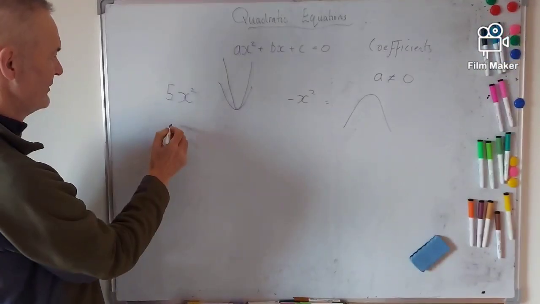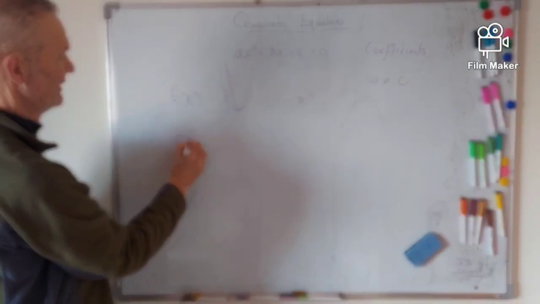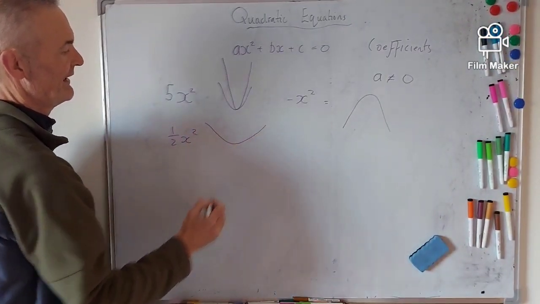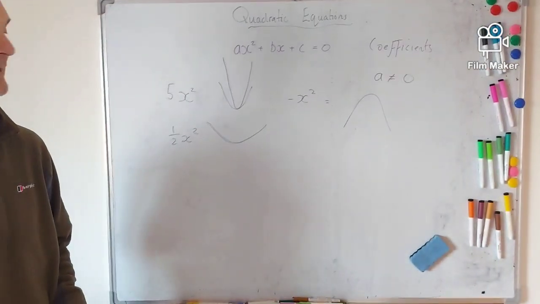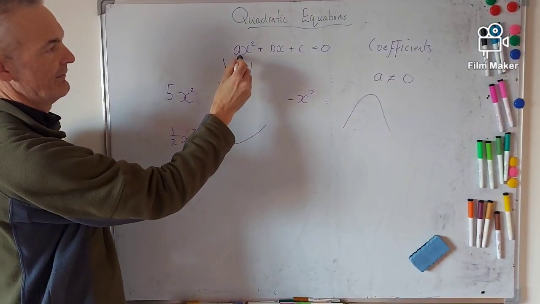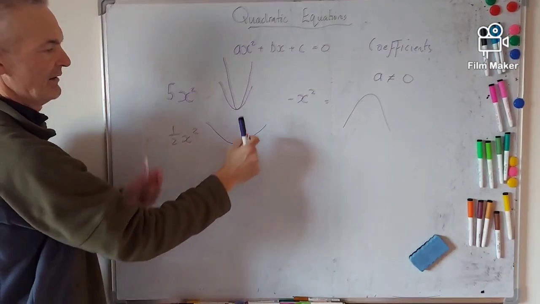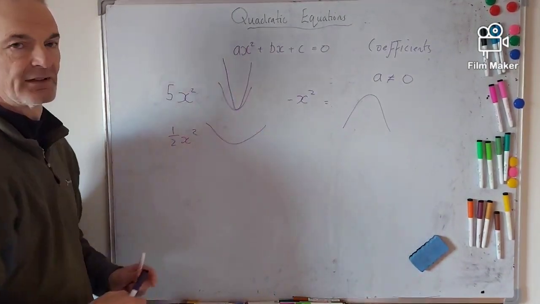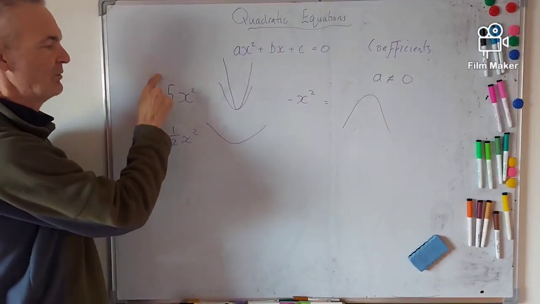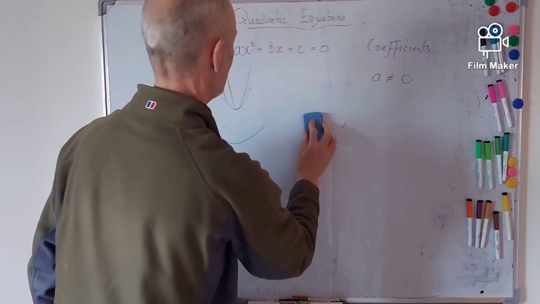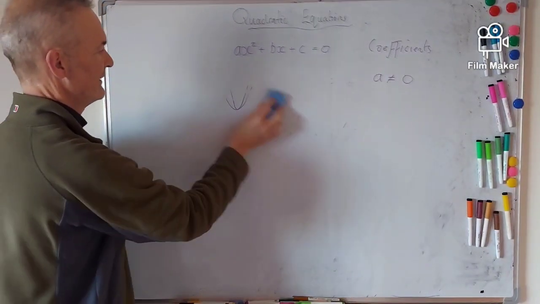If we were to have, say, for example, half x squared, it would flatten it out more like that. So the a coefficient can squeeze it in or can stretch it out, depending on whether you go above 1 or below 1.